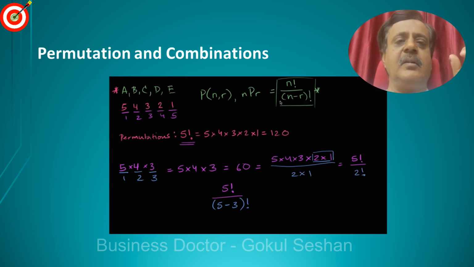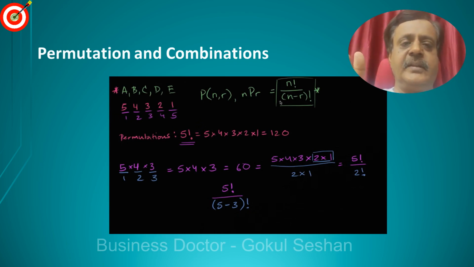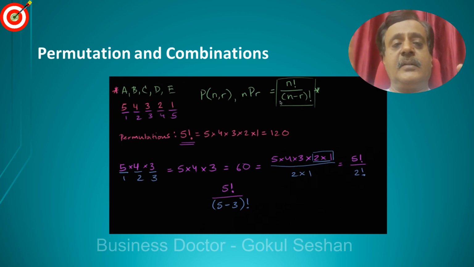Suppose, in the example of the marriage function we discussed, out of these 10 chairs you are going to accommodate only part of that, say 5 seats for 3 people, 3 seats for 3 people out of that 10.